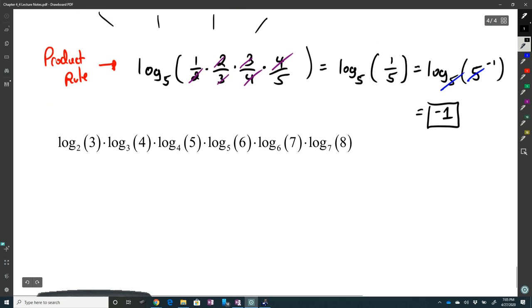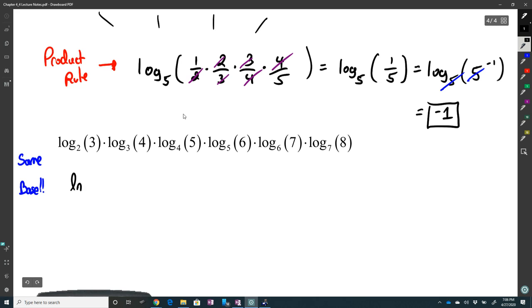All right, this last one involves the change of base formula. And it's similar to before. A lot of stuff's going to cancel. Notice that all the bases here are different. So you can't do things that we were doing before. So what we do is we change them all to the same base. I'm going to use natural log because it's one less letter to write.